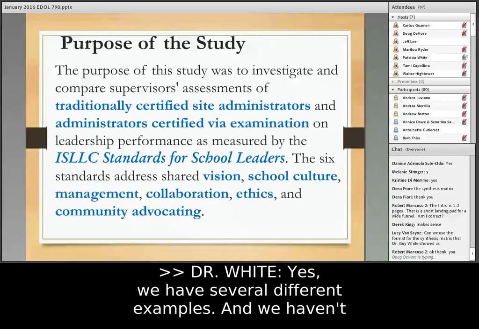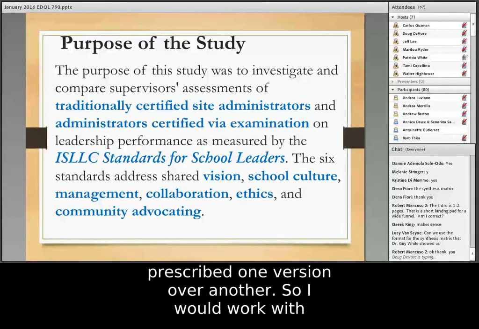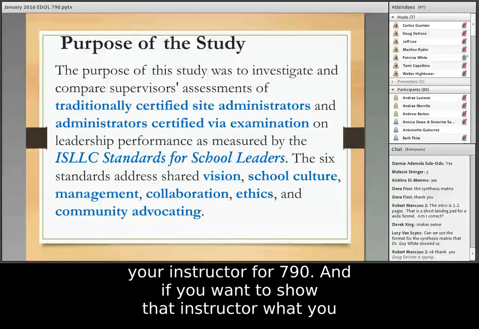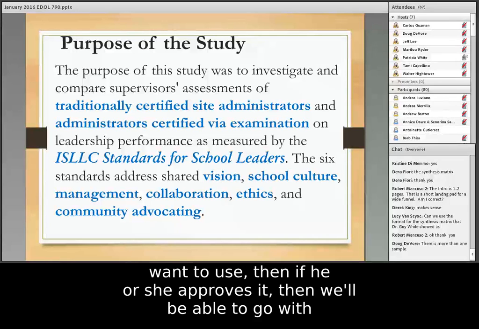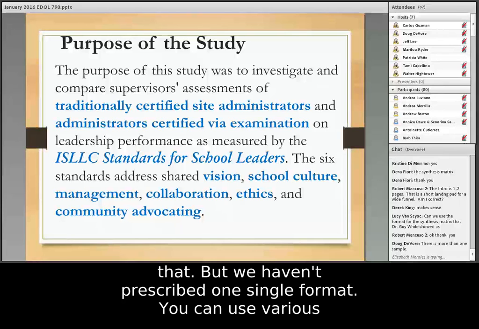Yes, we have several different examples, and we haven't prescribed one version over another. So I would work with your instructor for 790, and if you want to show that instructor what you want to use, then if he or she approves it, we'll be able to go with that.